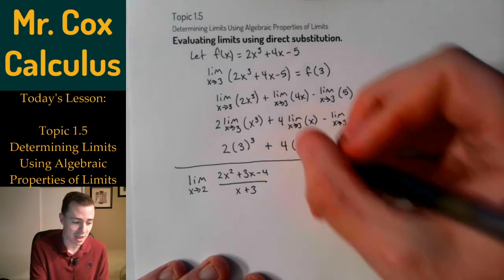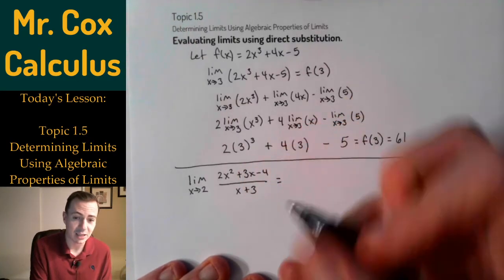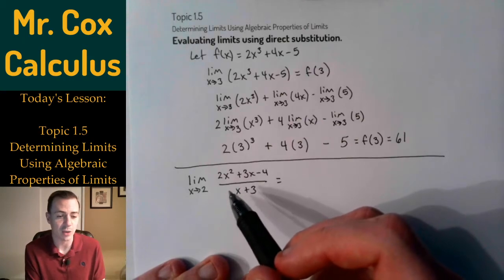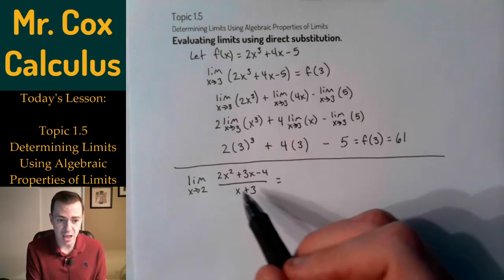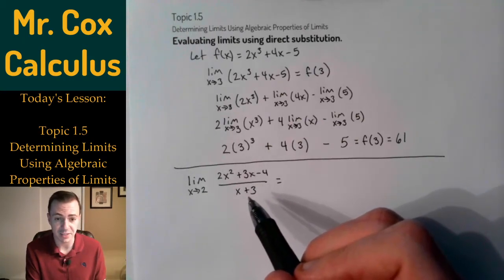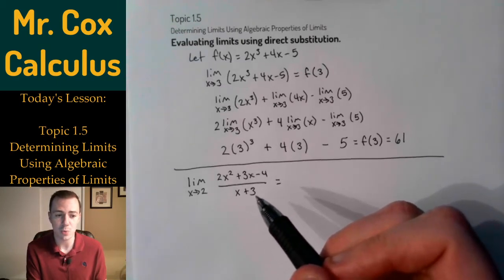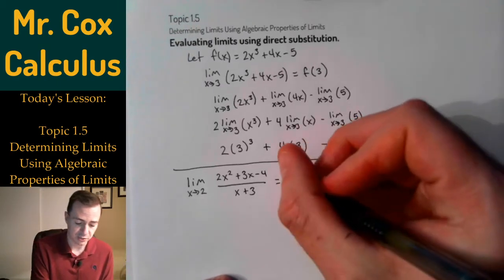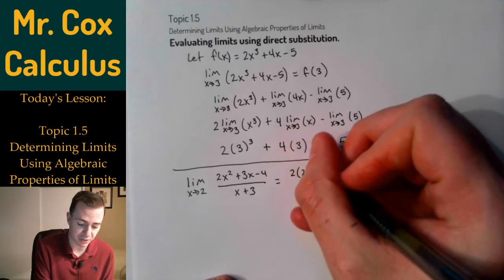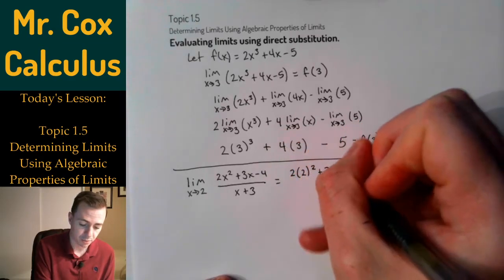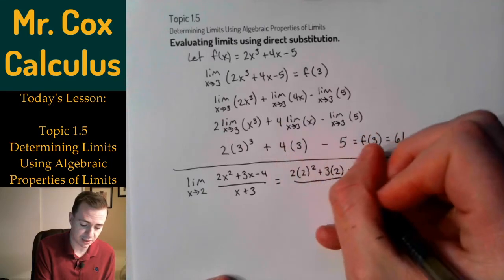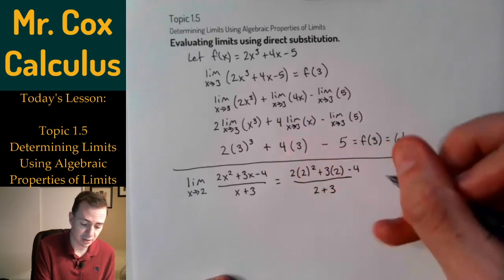What I would end up with is simply whatever the function is evaluated at 2. Something weird happens at negative 3 because it makes the denominator 0, but nothing weird happens at x equals 2, so I'm free to evaluate this using direct substitution.